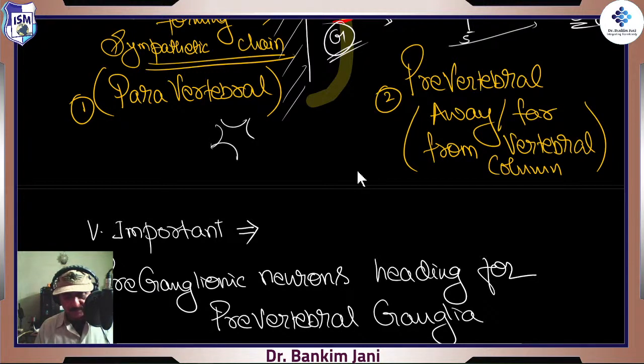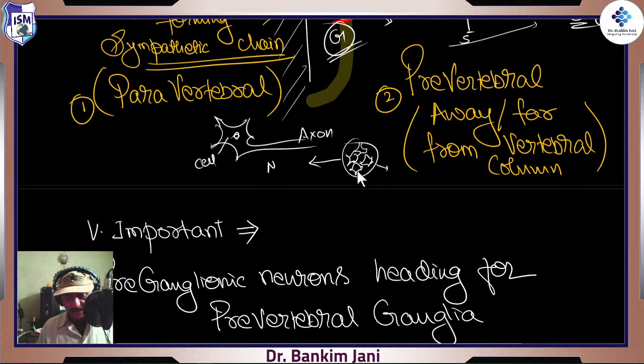This is what is called the cell body, right? This is what is called the axon. When so many cell bodies meet, we can call it two things. We can call it a nucleus, right?